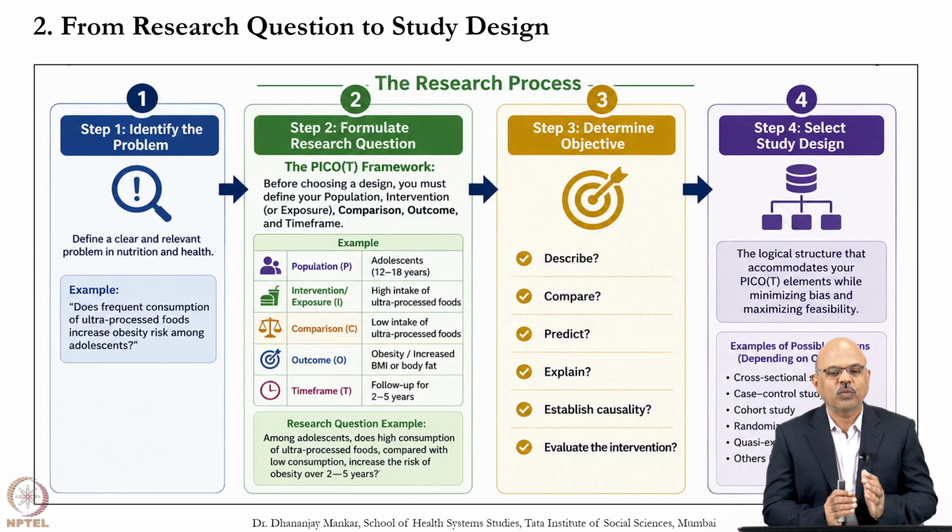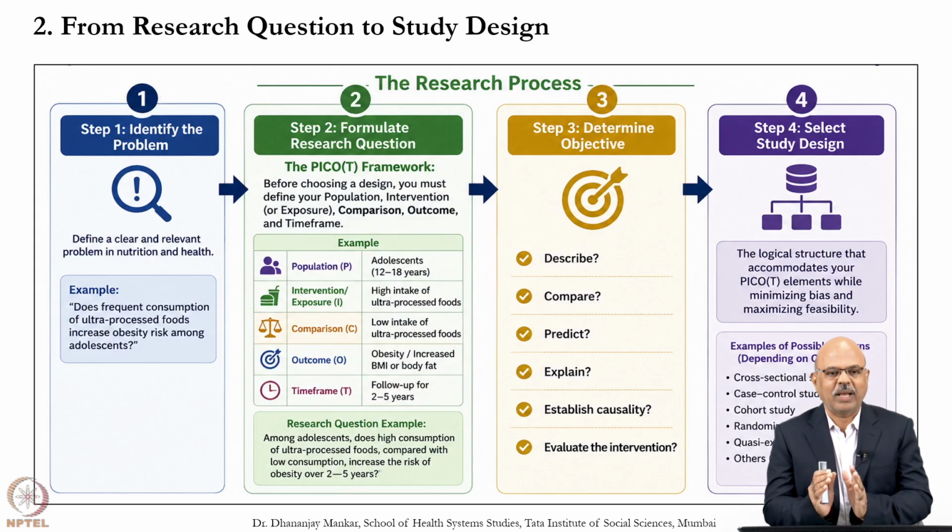The research question will be, among the adolescents, does high consumption of ultra processed food compared with low consumption increase the risk of obesity over 2 to 5 years? So this is a research question. Now we are getting it clear, and the next step is to determine the objective from this. What are the objectives?